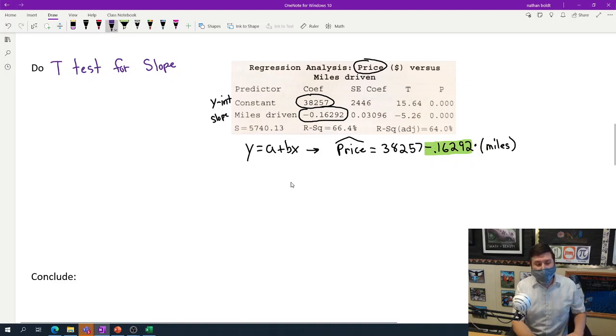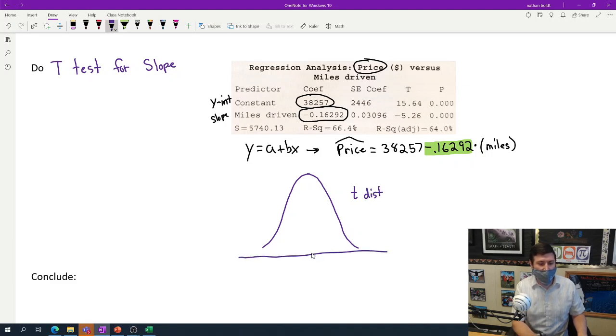Essentially, we are going to put that value on a t-distribution. 0 is right here. That value is going to become a boundary. It's a negative value, so what are the chances of getting a value like that, or smaller, by random chance alone?